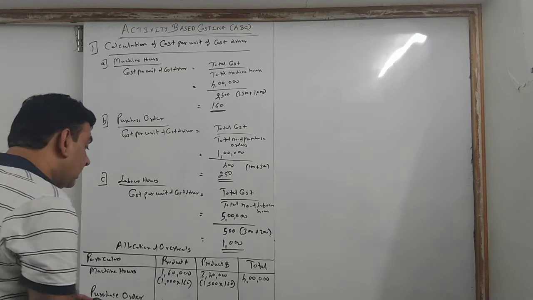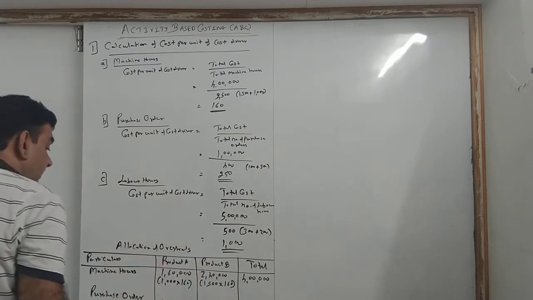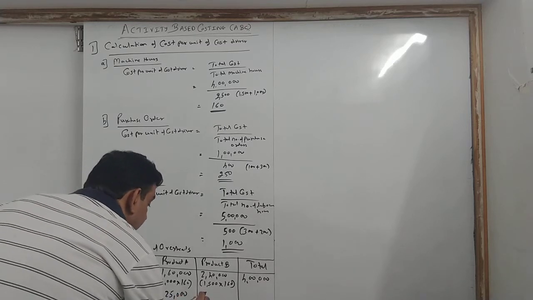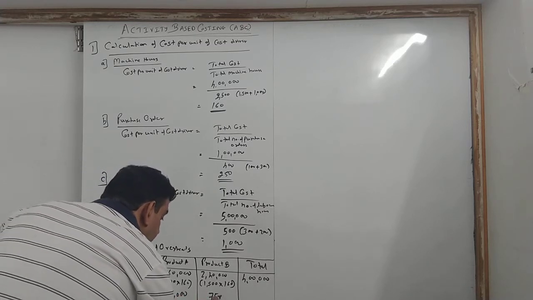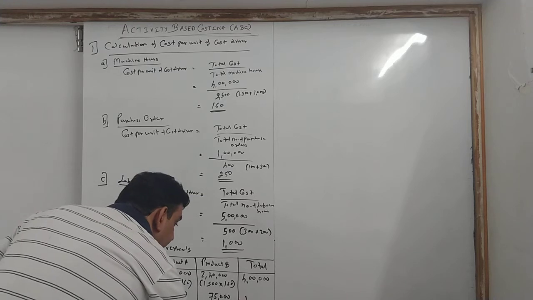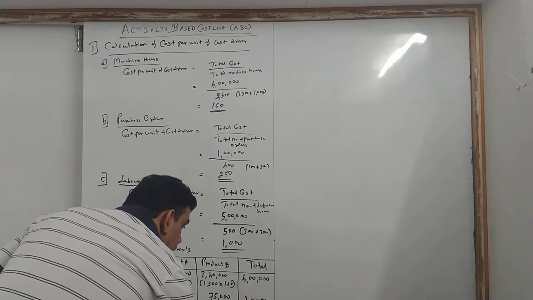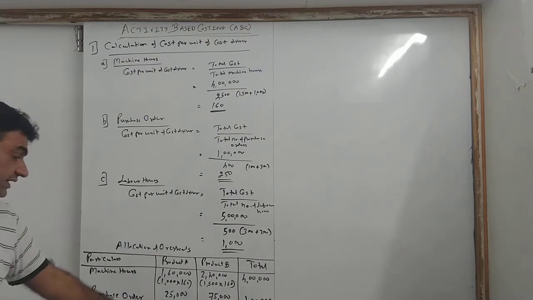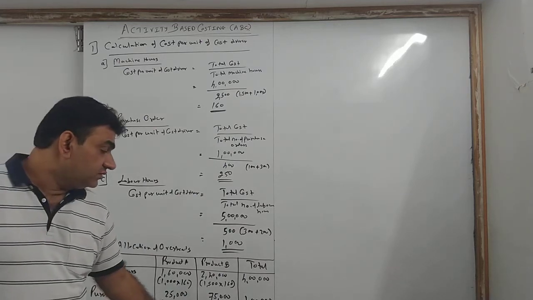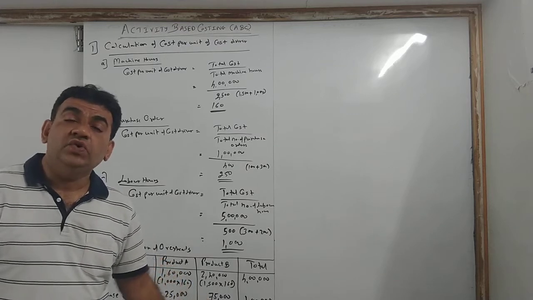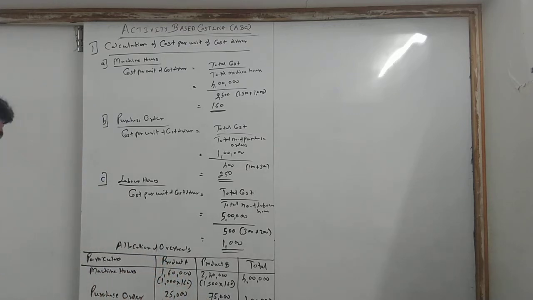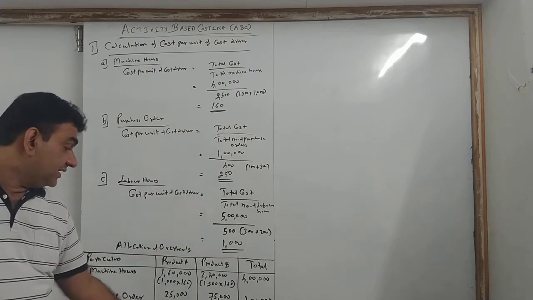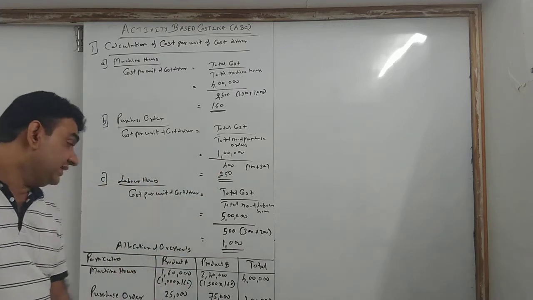So 100 into 250 is 25,000 and 300 into 250 is 75,000. So this becomes 1 lakh. Clear? The 1 lakh segregates into 25,000 and 75,000.